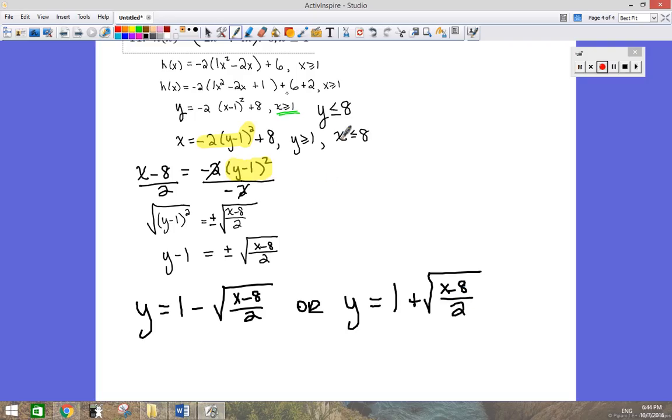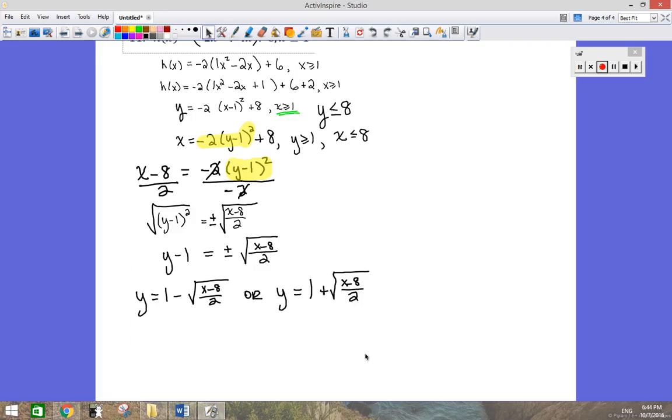Now, let's not forget that we had these restrictions coming along for the ride as well. Y greater than or equal to 1 and x less than or equal to 8. It's the y greater than or equal to 1 that interests me, because both of these equations have been solved for y. And I want both of these equations, the y's, to be bigger than or equal to 1. Over here, this is a subtraction problem.